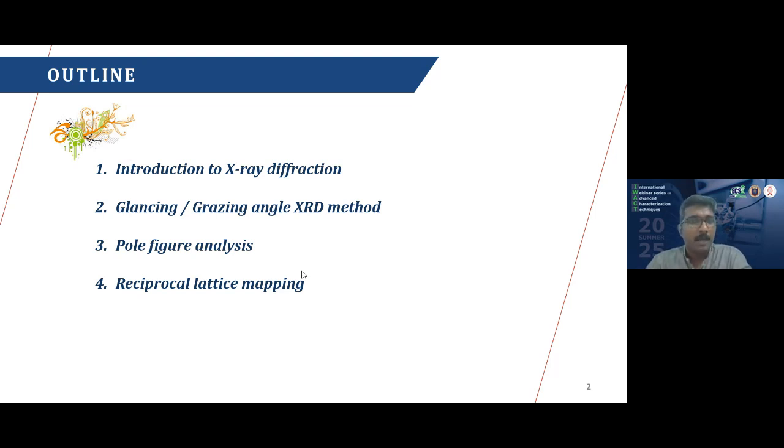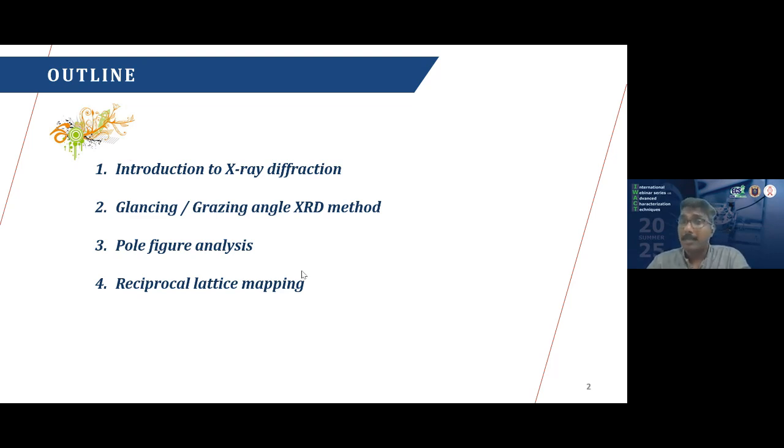And it was in 1913 that W.H. Bragg and his son William Lawrence Bragg put forward Bragg's law. It was a simple mathematical model which relates the angle of diffraction with the interplanar spacing as well as the wavelength of X-rays used. The equation is given by 2d sin theta equals lambda.